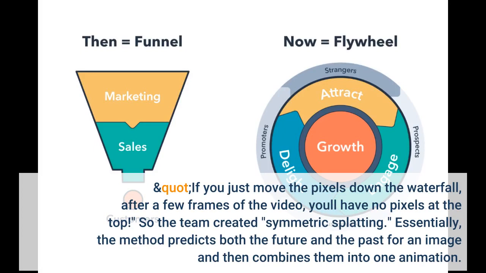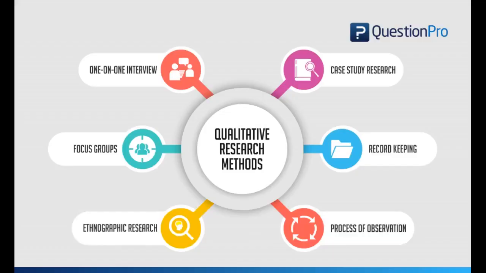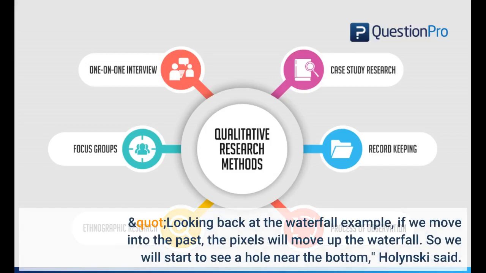Essentially, the method predicts both the future and the past for an image and then combines them into one animation. Looking back at the waterfall example, if we move into the past, the pixels will move up the waterfall. So we will start to see a hole near the bottom, Holynski said.